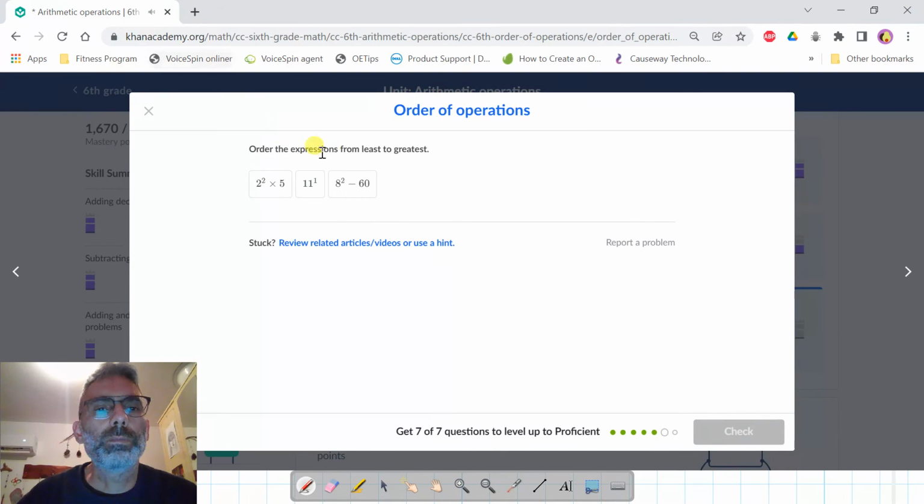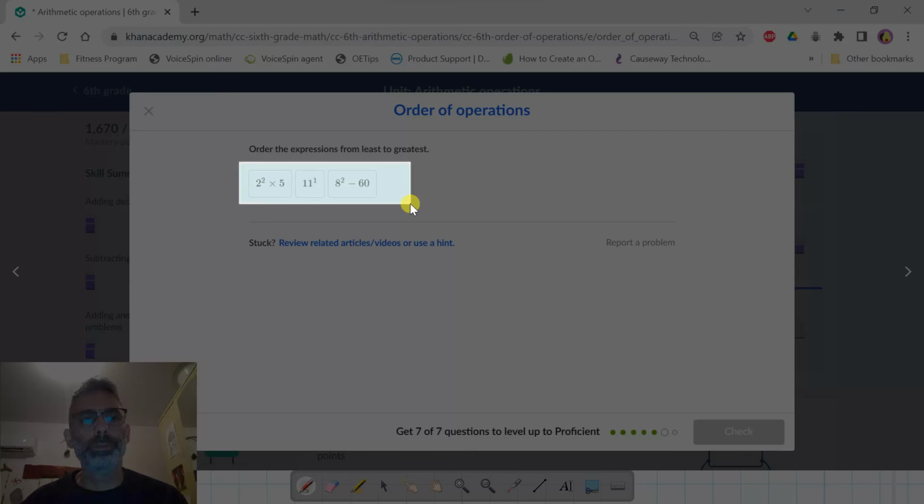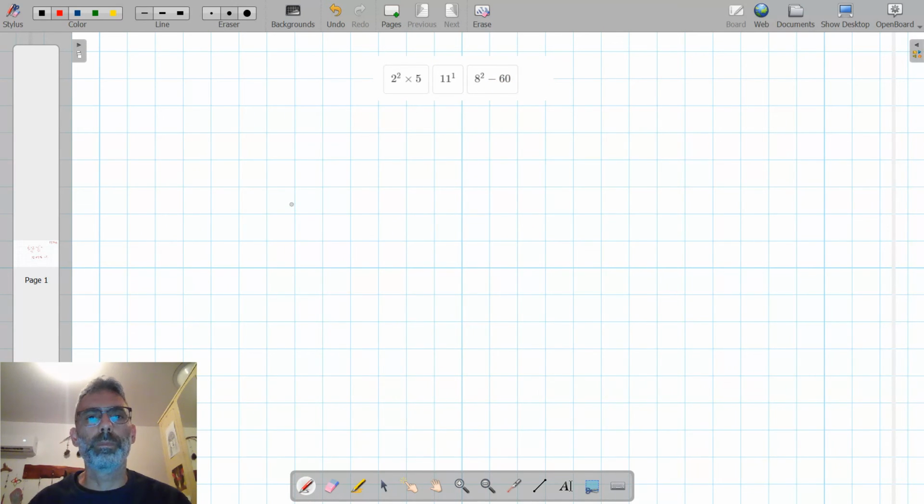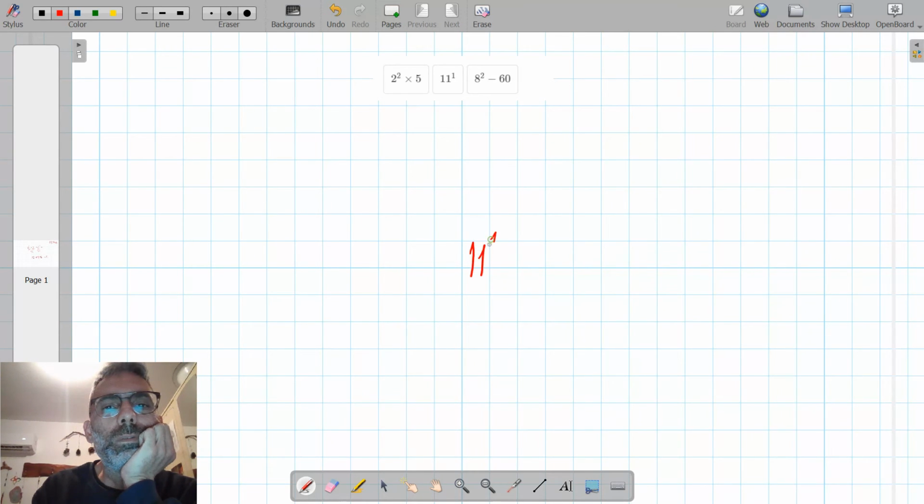Okay, order the expressions from least to greatest. Okay, 11 to the power of 1 is 11. 8 squared is 64 minus 60.